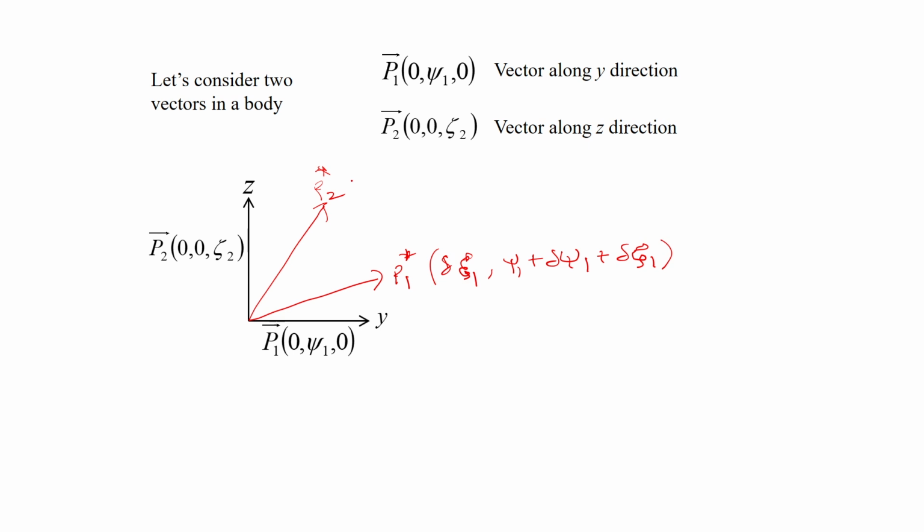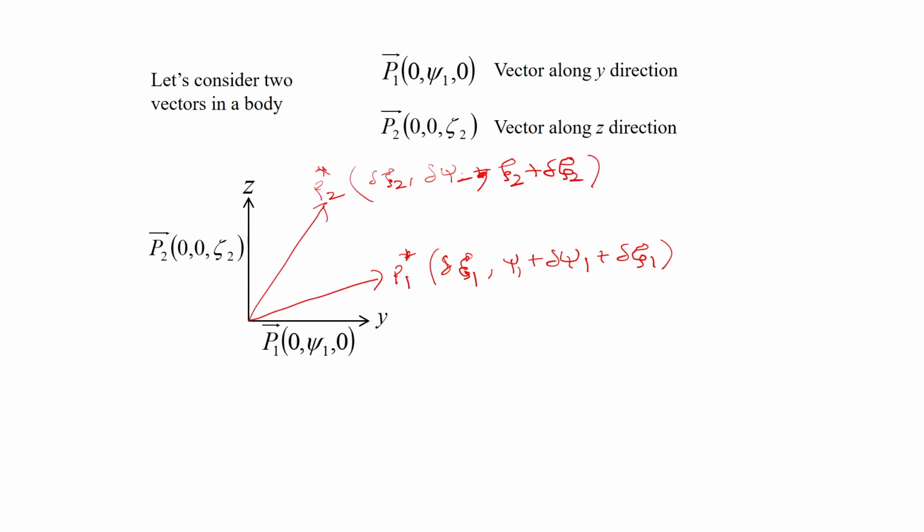Similarly, p2 star vector will be equal to delta xi 2, delta psi 2, and zeta 2 plus delta zeta 2, like this.